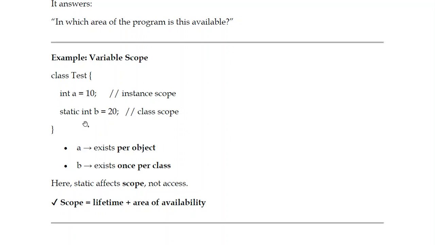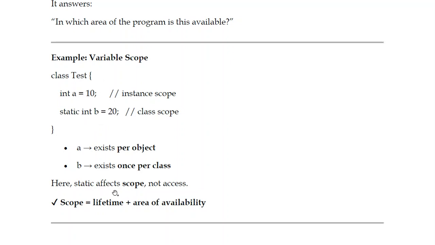But b is a static variable. Static means only one time memory will be allocated, the first time. It belongs to the class, so for the entire class it allocates memory only one time, and next time it retains its value. We already discussed this in a detailed manner; please watch the static variable sessions.